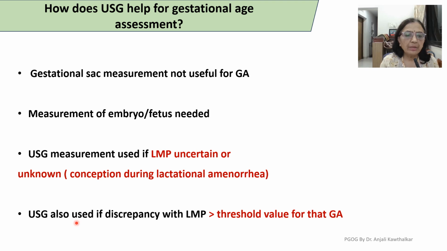Ultrasonographic method for calculation of gestational age is also used if there is a discrepancy between gestational age calculated by LMP and gestational age calculated by ultrasonography, and that discrepancy, if it is greater than the threshold value for that gestational age, then we have to rely on ultrasonography method for calculation of gestational age.